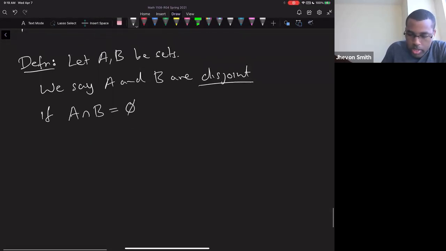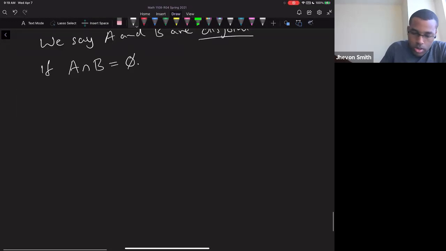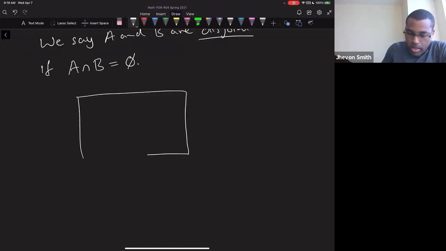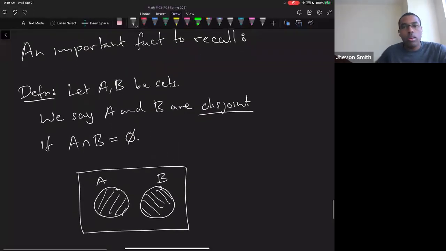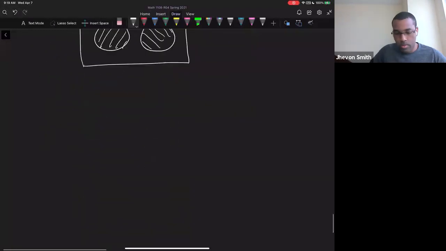The intersection is the empty set. So it's like if you have a Venn diagram, your A and your B would be completely separate. A is over here, B is over there. They don't overlap at all, right? When we have 2 sets that don't overlap, they share nothing in common. We say they are disjoint, quote unquote. It's going to be very important, not for this class, because it actually took a lot longer than I expected to get here, but it'll be important for the next class.